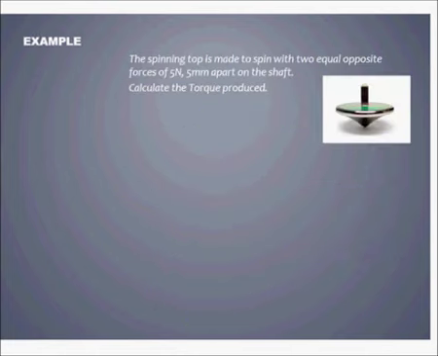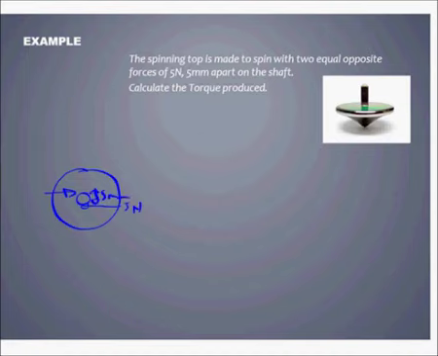So in this case here, the spinning top is made to spin with two equal opposite forces of 5 newtons, 5 millimeters apart on the shaft. Calculate the torque produced. Okay, so if you're looking at this thing downwards, there are two forces on this thing, equal and opposite directions, both of 5 newtons, and the distance between, I can't draw that, is 5 millimeters.